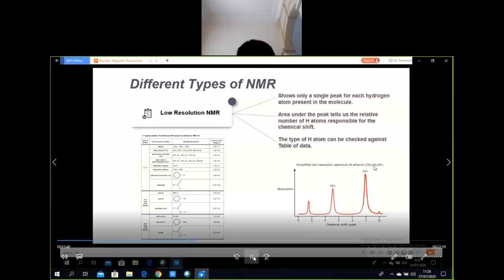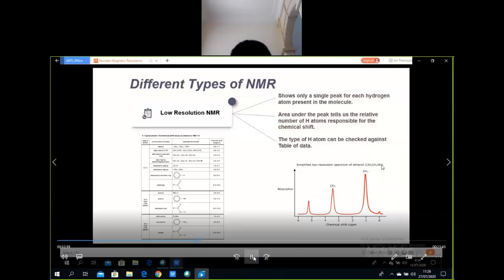One is CH3, the three hydrogen in one environment, and second, there are two hydrogen attached to the carbon in the middle, and then there is one hydrogen attached to the O. The area under the peak tells us the relative number of hydrogen atoms responsible for the chemical shift. The largest peak will be from the CH3 hydrogen atoms here. The middle peak from the CH2 hydrogen atoms, and the smallest peak is from the OH.